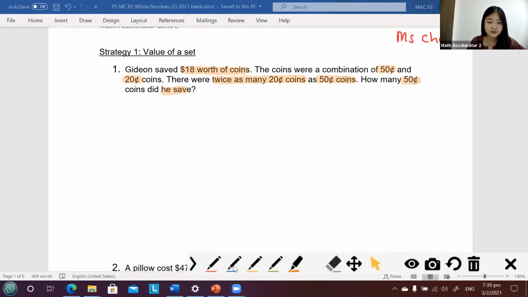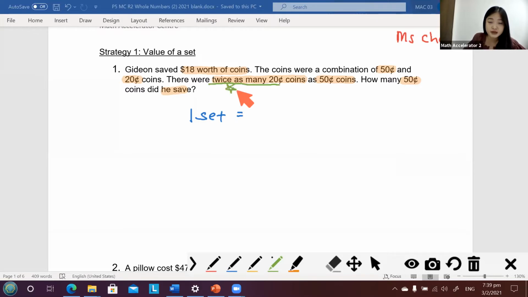Alright, so if you go back to your steps, the first thing is to find the value of the sets. How many items are there in the set first? In one set, the key sentence that we'll use is: there were twice as many 20-cent coins as 50-cent coins.